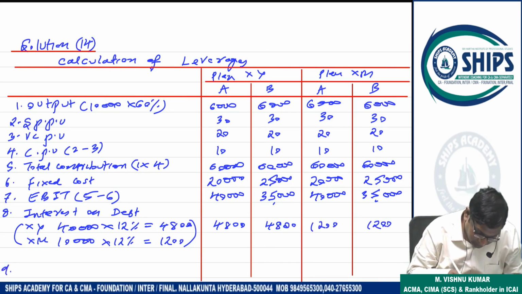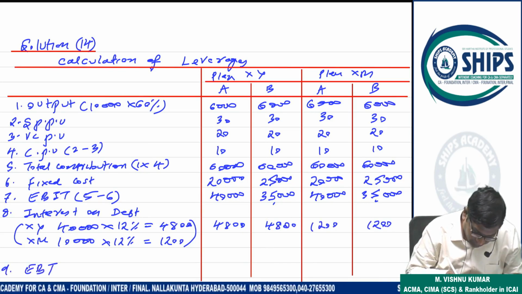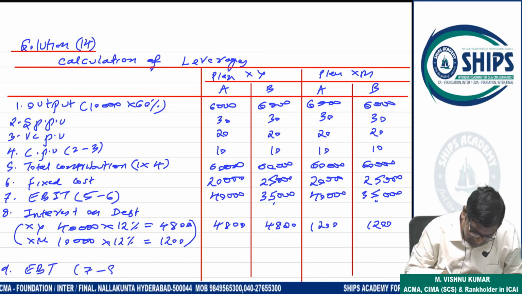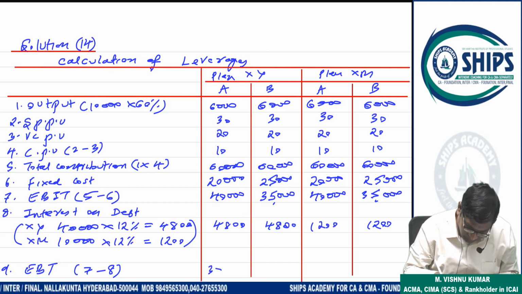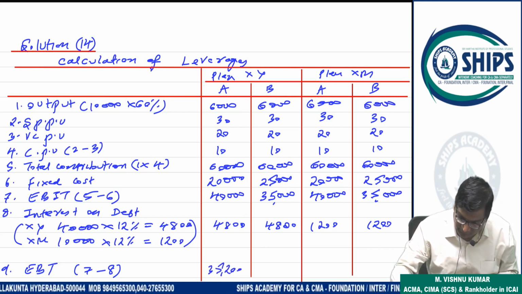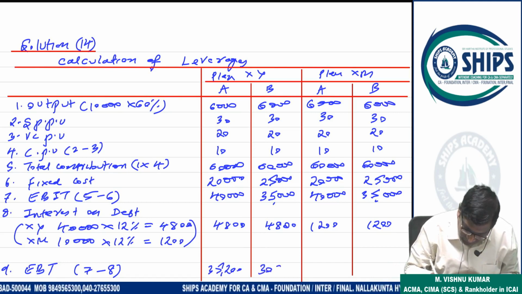Now earning before tax, EBIT minus interest. How much? 35,200, 30,200, 38,800, 33,800.